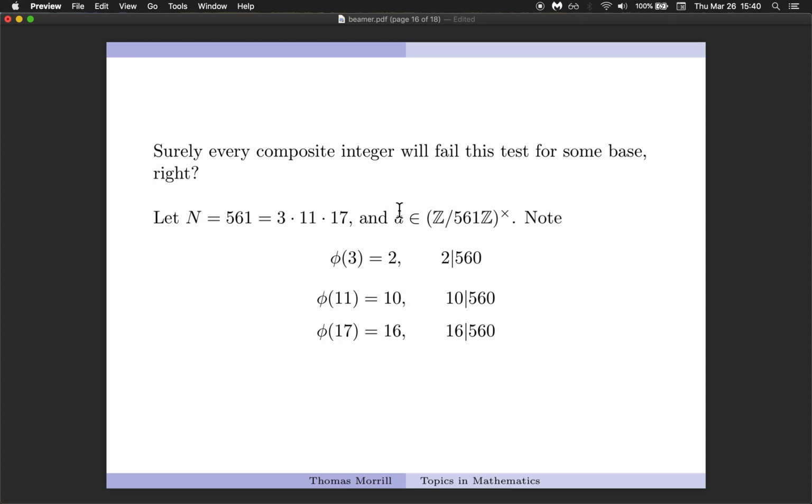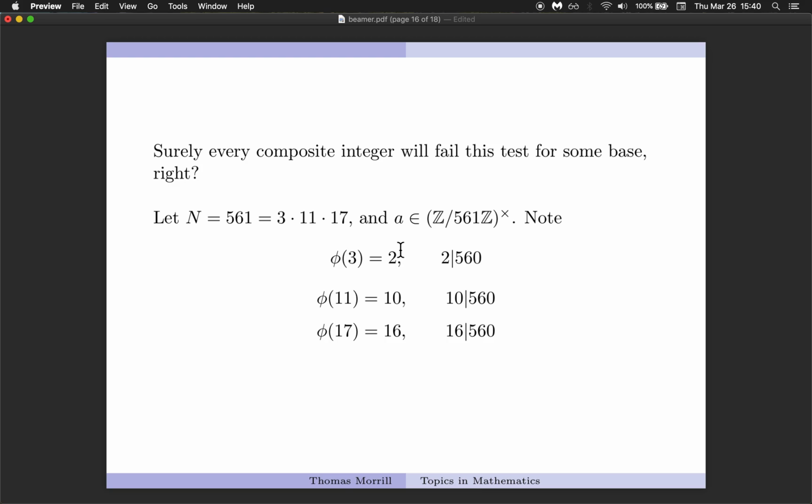Well, I'm working generically. I don't have an actual integer A here. But there's a weird thing about 561 that's not obvious. If I look at this factorization, 3 and 11 and 17, the Euler phi function of 3 is 2, right? The prime number Euler phi is the number of residues relatively prime to 3.